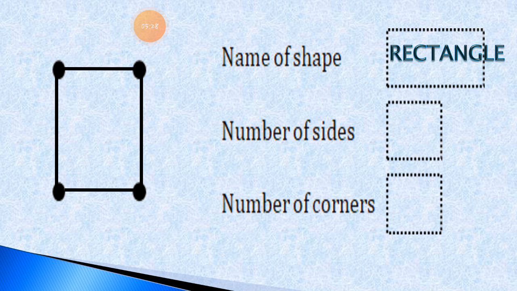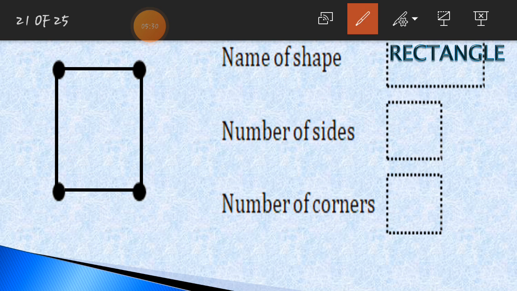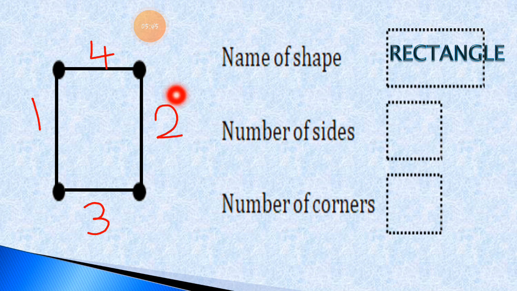See this, I am showing you. This is side number 1. Here is side number 2. Here is side number 3. And here is side number 4. So you can find out how many sides this rectangle has.